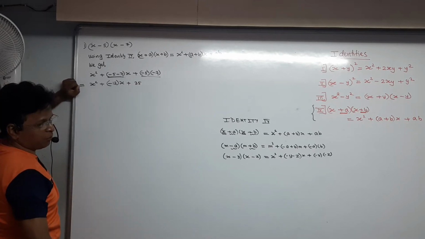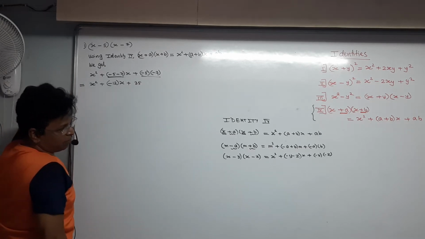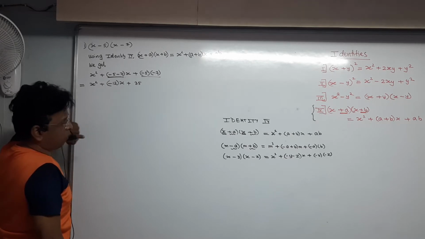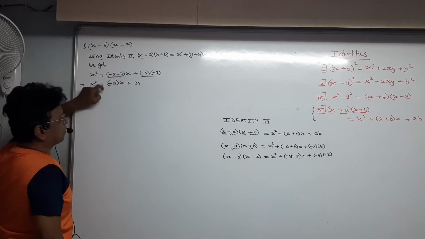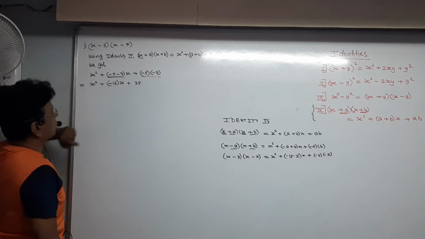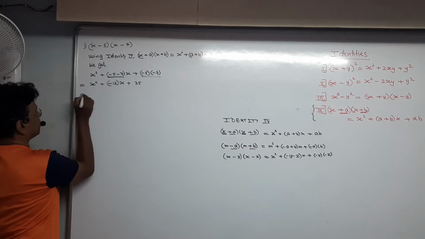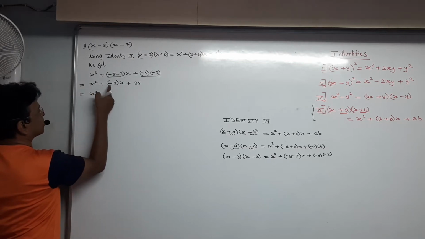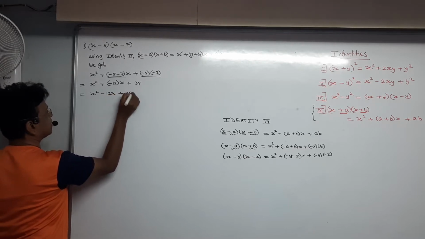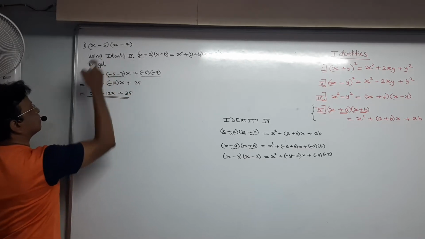While multiplication, you multiply the signs also: minus into minus is plus, 7 fives are 35. While addition and subtraction, you give the sign of the greater number, but while multiplication, you multiply everything. So when you open this, you will get x square minus 12x plus 35. This is the multiplication you have done.